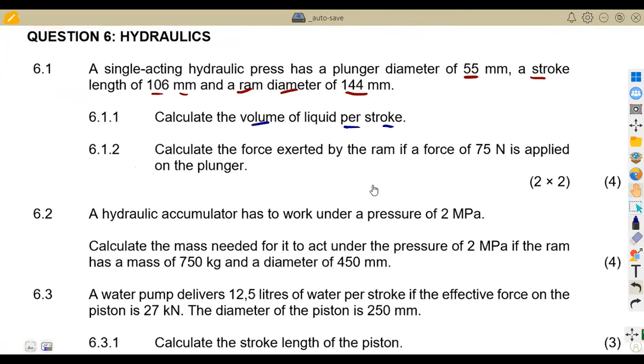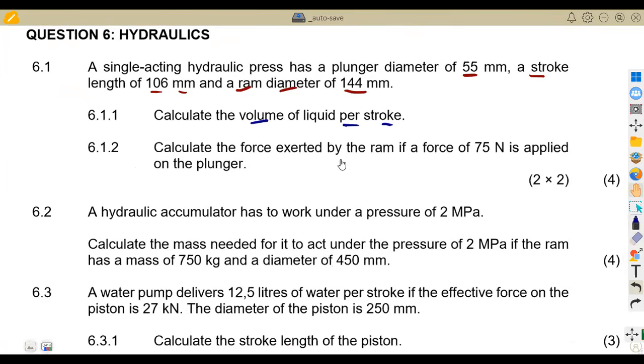Remember, you're not given the number of pumping strokes, like is it going to be 3 or 4? We just calculate our volume directly like that. Then the other part that we are given was to calculate the force exerted by the ram if the force of 75 Newton is applied on the plunger in this case.